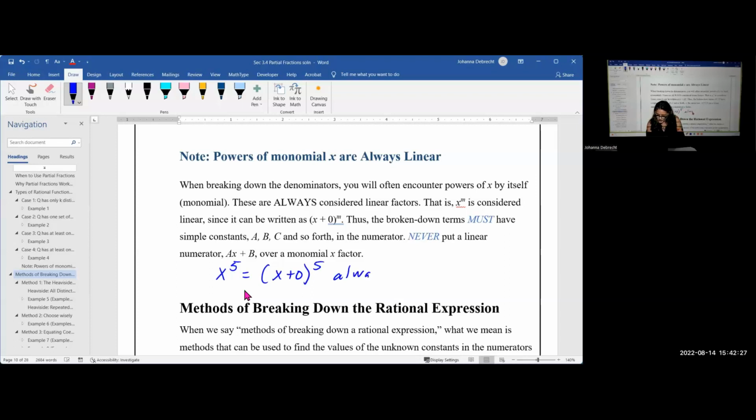So it's always linear, which means that you would need to break it apart, and you would need to have an a over x plus b over x squared plus c over x cubed plus d over x to the fourth plus an e over x to the fifth, if that was in your original denominator.